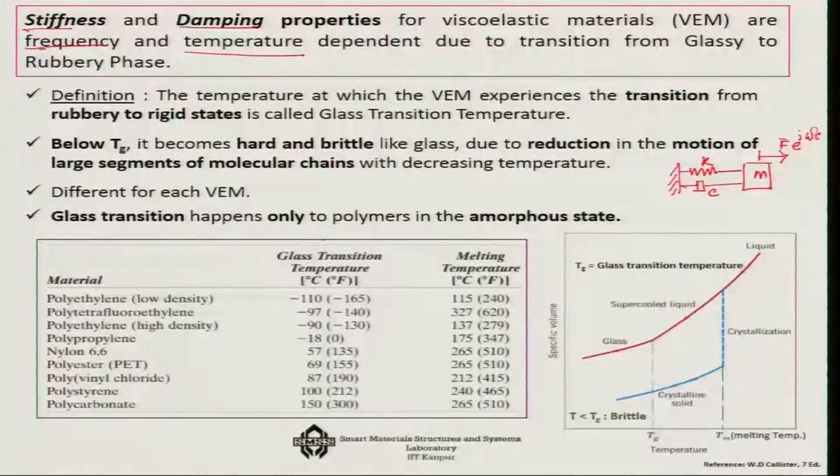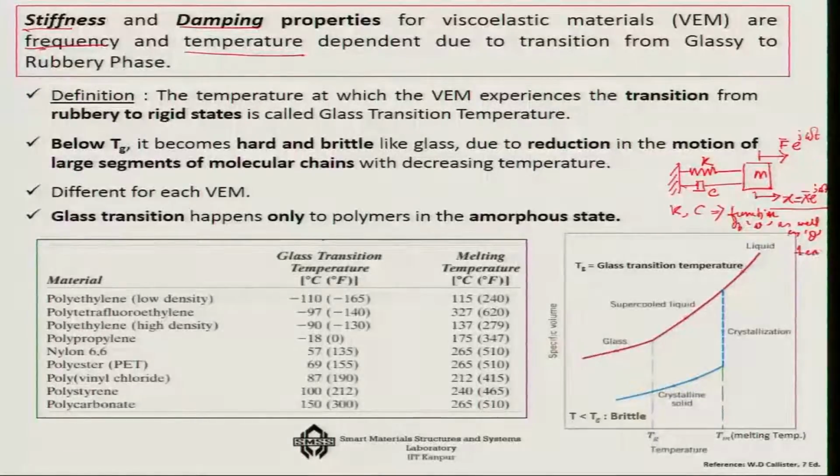Now, while finding out the response of this system x, which is also something like x bar e raised to the power j omega t, we have to note down that this k and c both are actually functions of omega, that is the excitation frequency, as well as theta, which is the temperature.